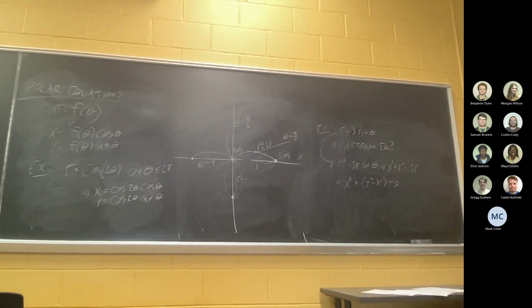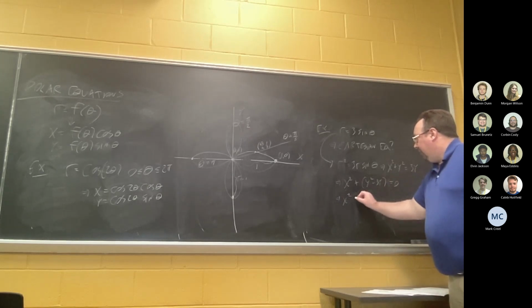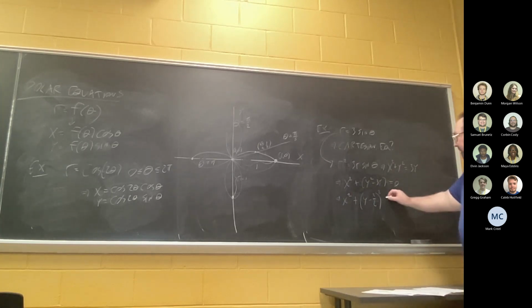Now if I rewrite y squared minus 3y by completing the square, then I'm gonna have x squared plus y minus 3/2, the whole thing squared, is equal to 9/4.